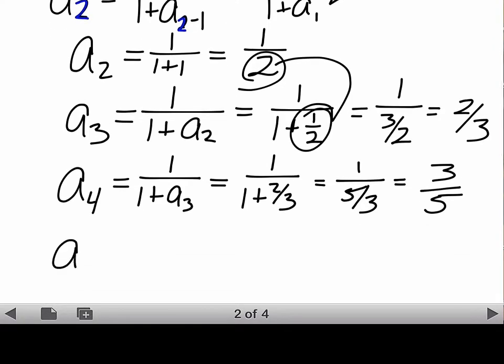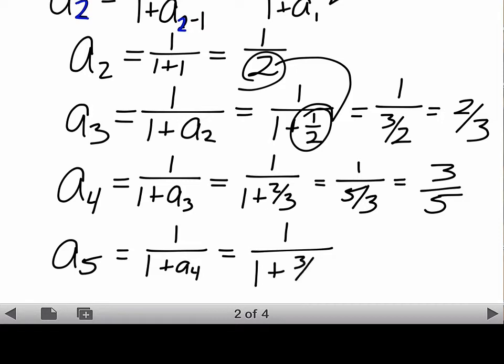A sub 5 depends on knowing a sub 4. In this case, 1 over 1 plus a sub 4, so 1 over 1 plus 3/5. That's going to be 1 over 8/5. The answer there is going to be 5/8.